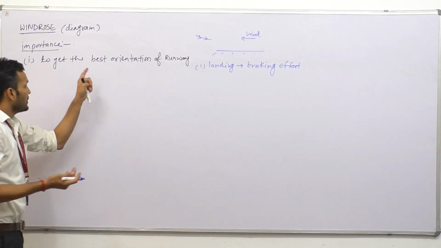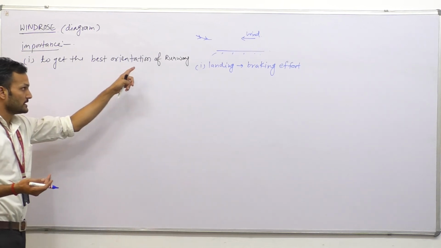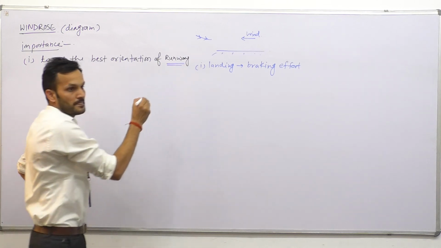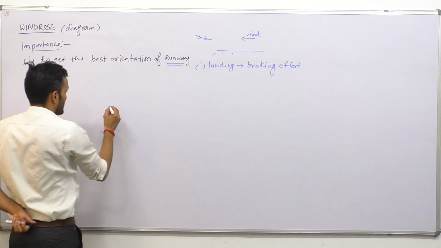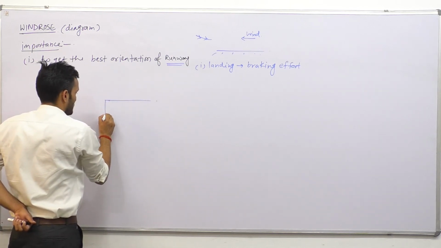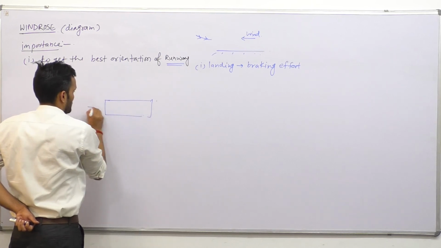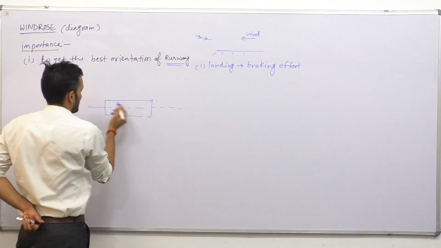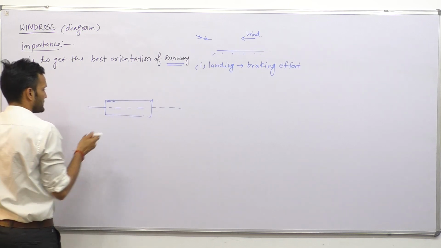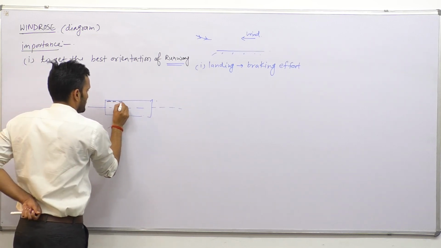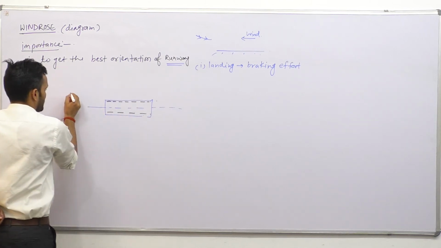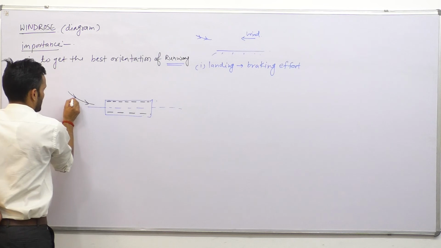Orientation means what? Firstly, we will be looking at the design of the runway section. If I am making a plane, this is the center of the runway, and these are the edge markings, and the aircraft is going to land in this direction.